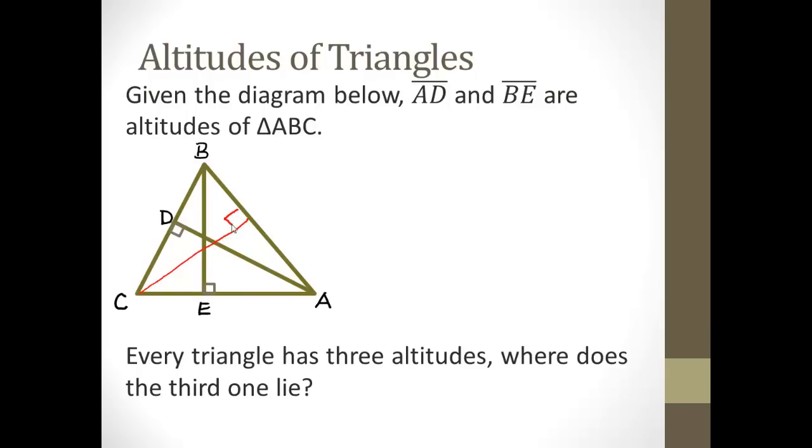I know it's not perfect, but you get the idea. Okay. The point I want to make here is altitudes don't necessarily cross in the middle like a median would. So that's a major difference from a visual standpoint. So this third altitude, if we had to label it, we could say that segment CF is also an altitude of triangle ABC.